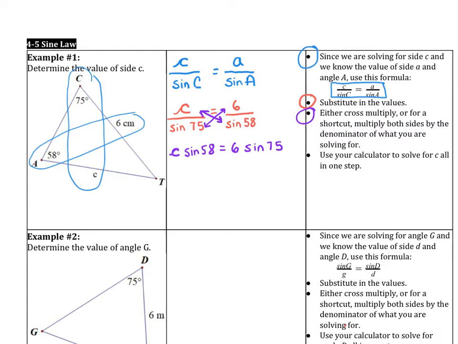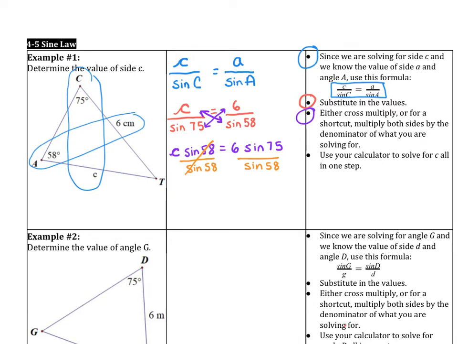Then, to isolate C, you need to divide both sides by sine 58. Because then those would cancel.